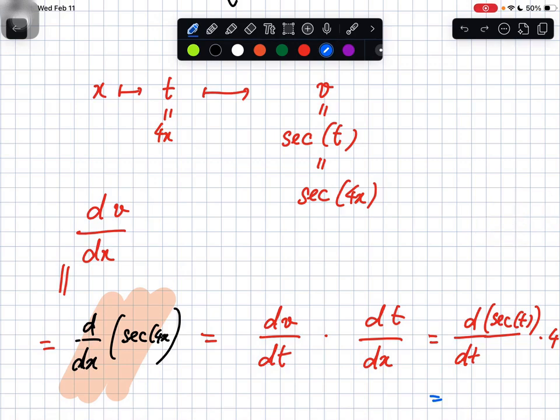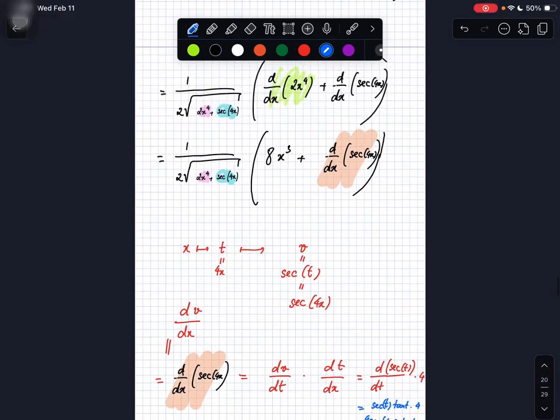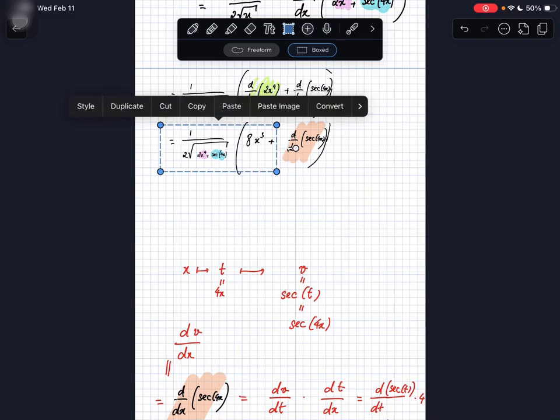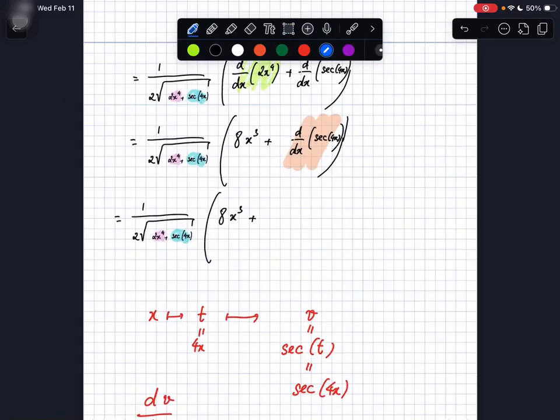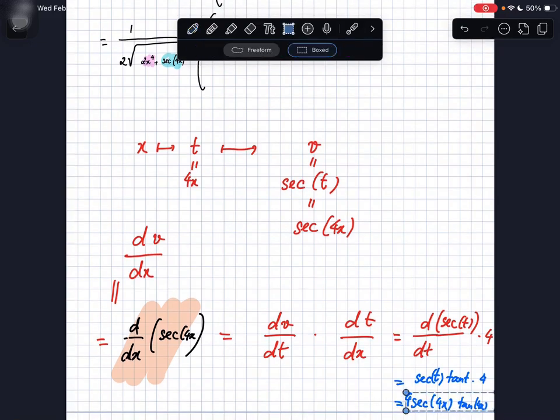So secant t tangent t times 4, where t is 4x. This one gives us secant 4x tangent 4x times 4. That is this term. So now put everything together. What we have is 4 times secant 4x tangent 4x.